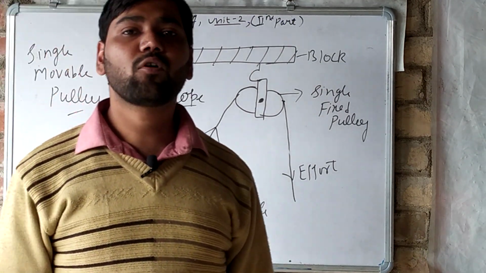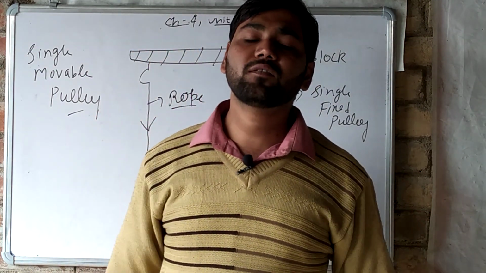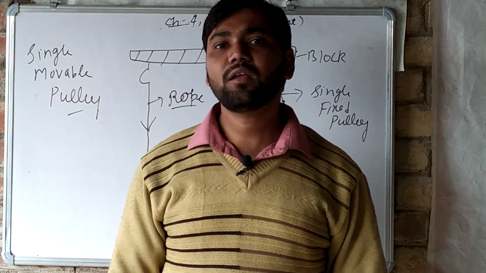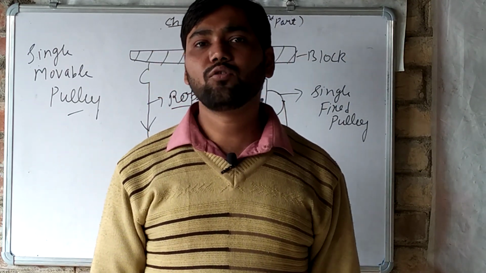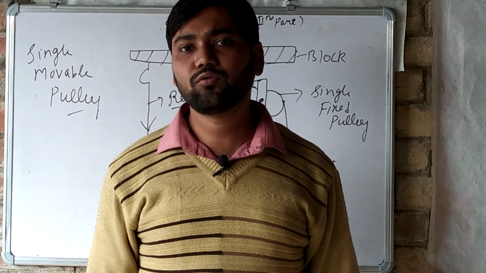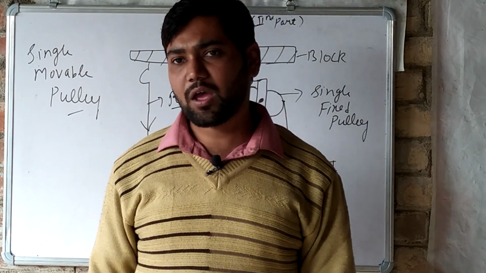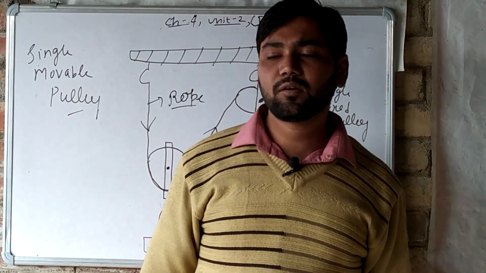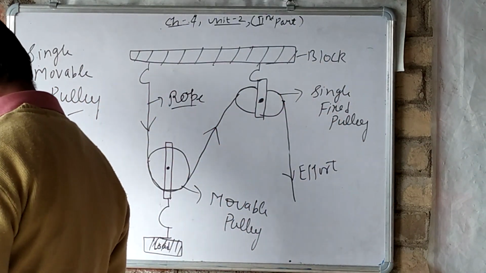These types of machines are frequently and on a large scale used in factory and industry setups, where heavy loads are taken from one place to another place. So this is the structure of a single movable pulley.